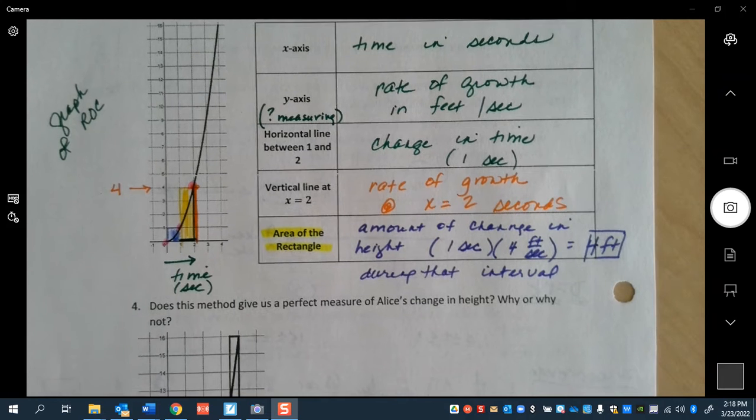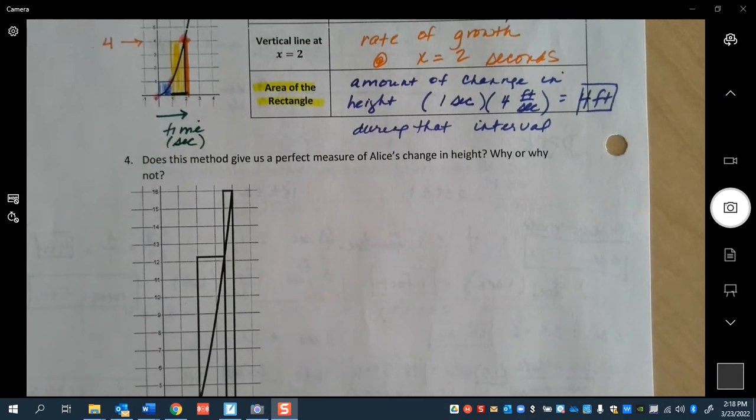So what's interesting is there's some extra space that's not accounted for. If this here represents our accumulation of change and this area under the curve, we've got these extra things hanging out. So we go back to the understanding that this is just an estimate.